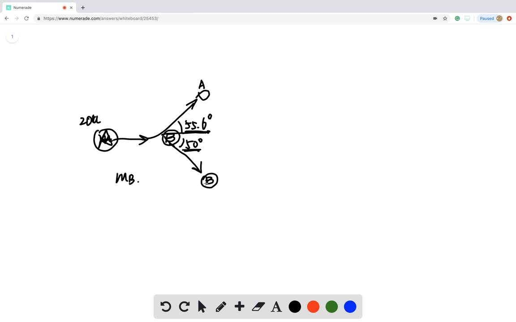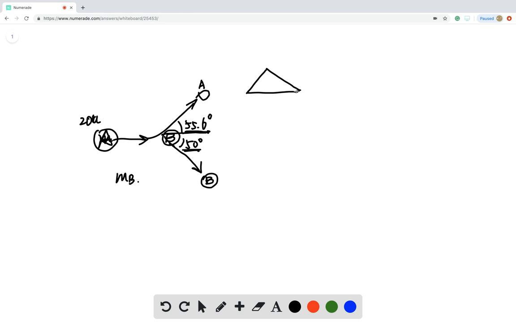So I will use a different approach in this question. I will try to use the law of sines just because it suggests that we can do so. And the law of sines might or might not make this question easier. It depends on what you think is easier. But let's just do it as a different approach.